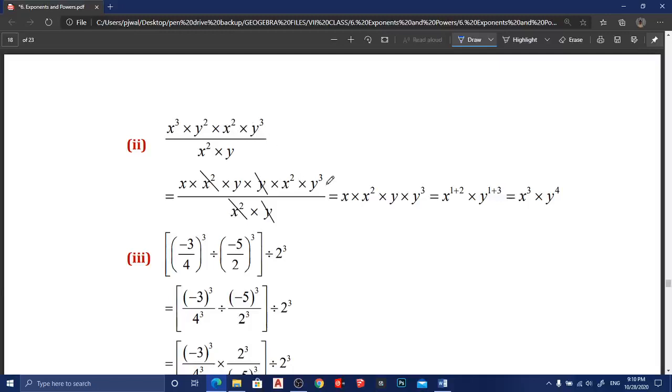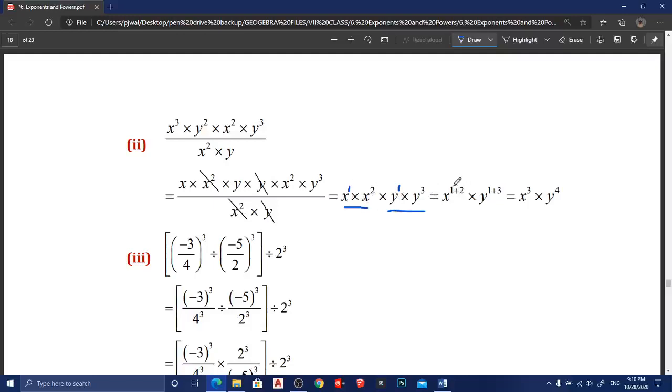Next, x square into y cube. Now you can cancel these two terms, x square and y. What are the remaining terms? X into x square into y cube. X into x square means here x to the power of 1 into x square, and y to the power of 1 into y cube. Again you can use the formula a to the power of m into a to the power of n is a to the power of m plus n.